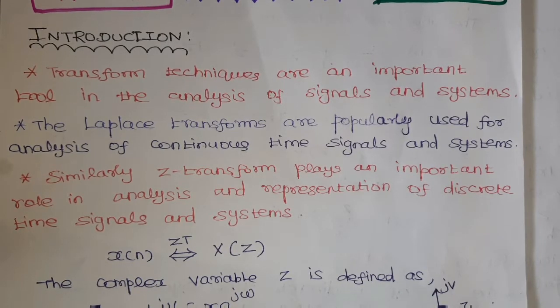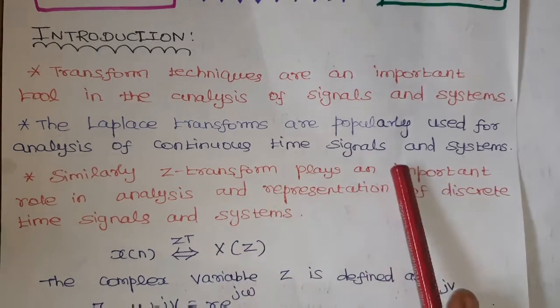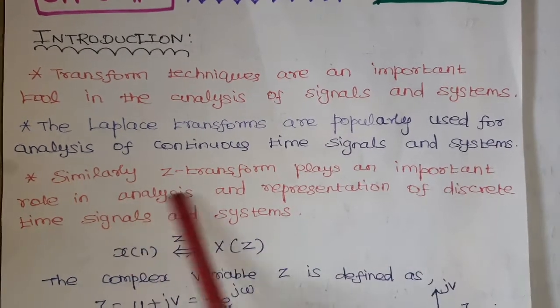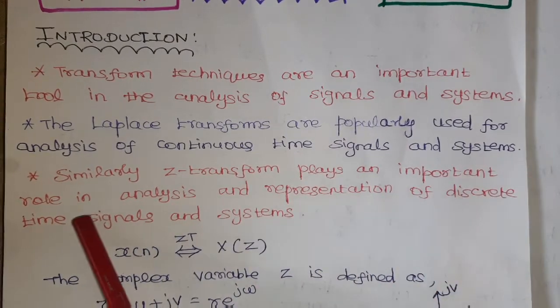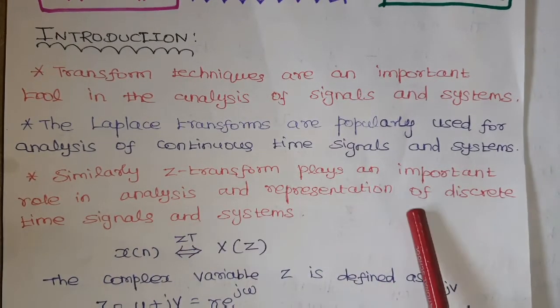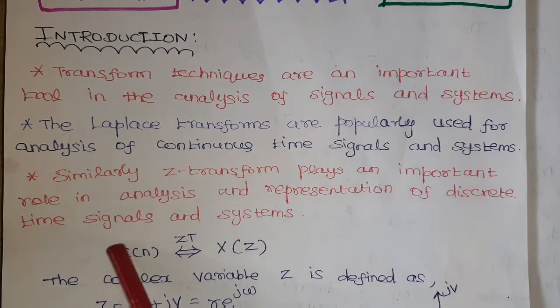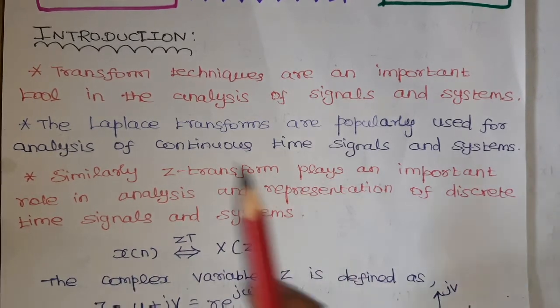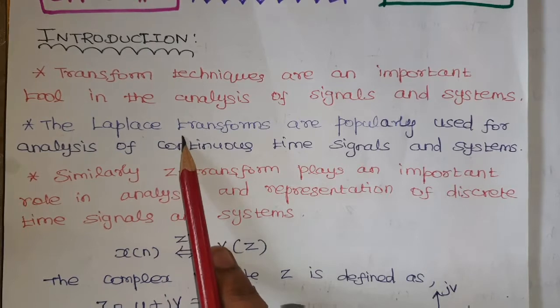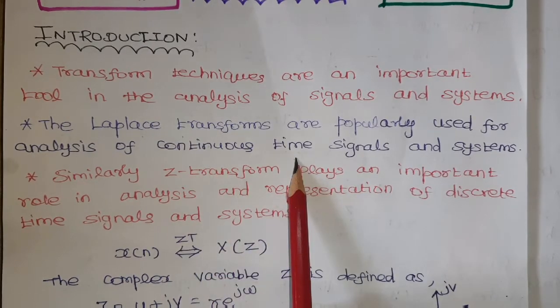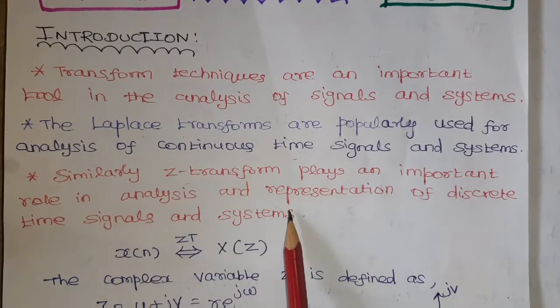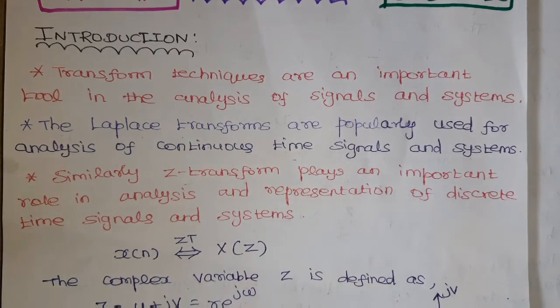Laplace transforms are popularly used for analysis of continuous time signals and systems. Whereas, similarly, the Z transform plays an important role in the analysis and representation of discrete time signals and systems.